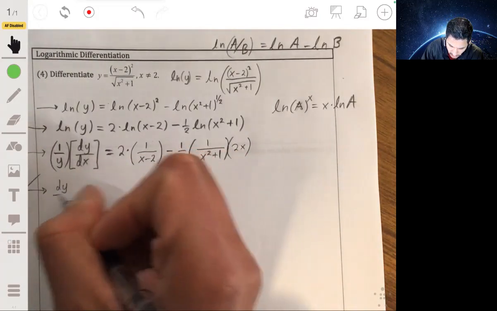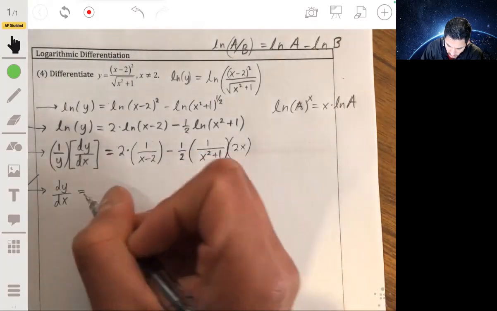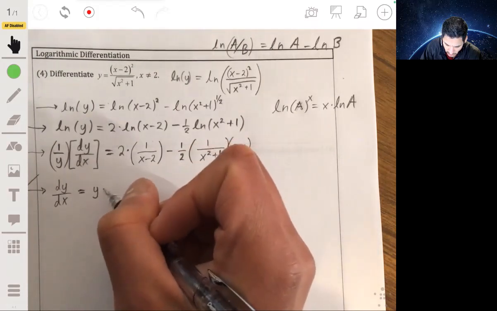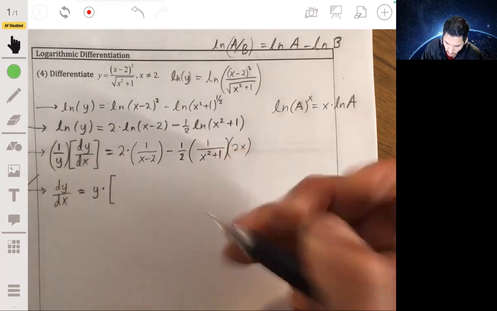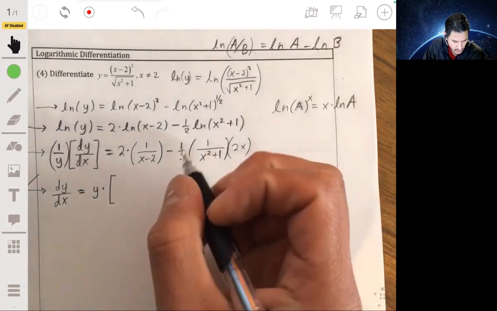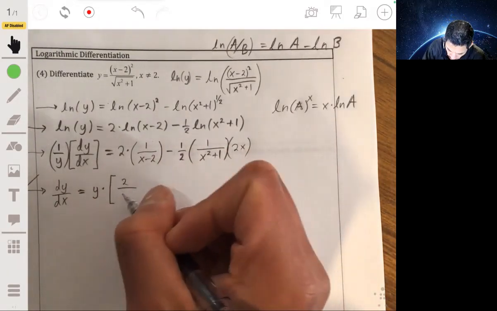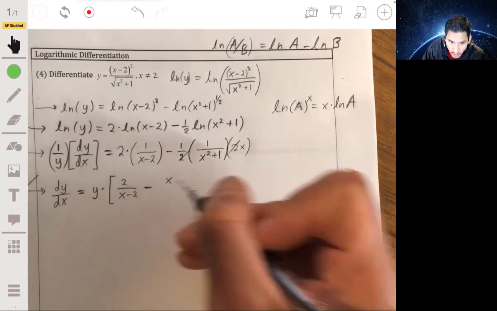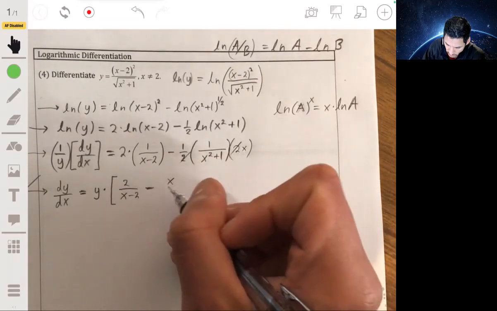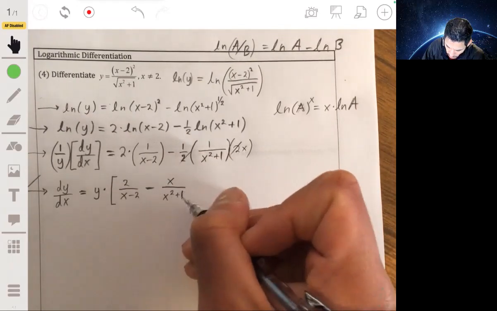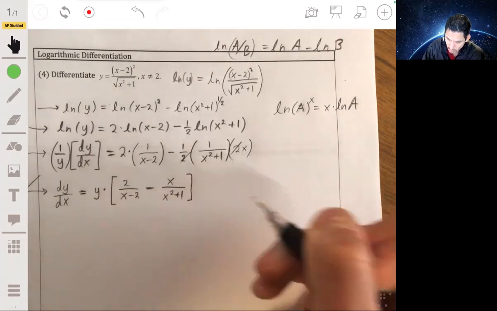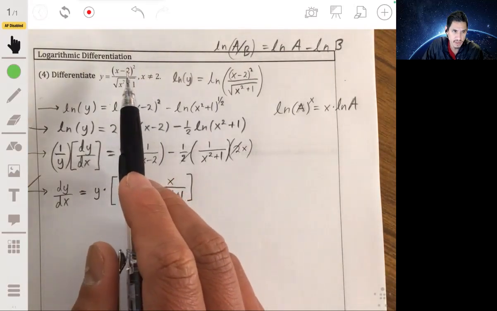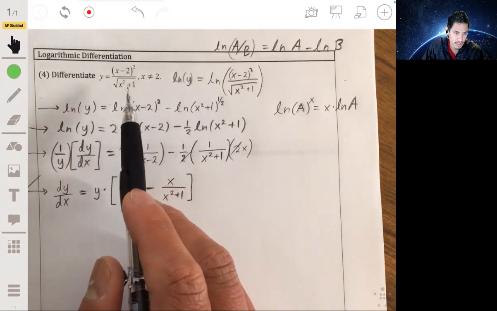And we'll get dy dx as being equal to y times this whole thing, which will be 2 over x minus 2, minus, these 2's will cancel, so minus x over x squared plus 1. And then let's replace the y with the original expression here, x minus 2 squared over the square root of x squared plus 1.